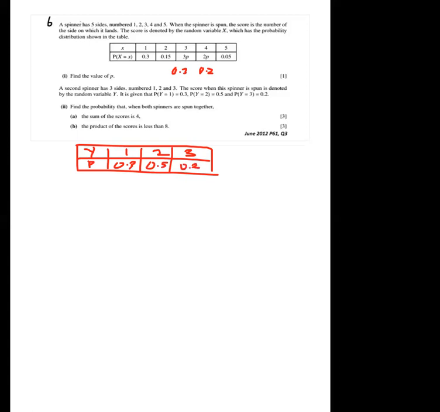Now let's see what they're asking for. Find the probability that when both spinners are spun together, the sum of the scores is 4. So the sum has to be 4. For that, we'll see all the possibilities, find the probabilities, and add them up. So it's the second part.